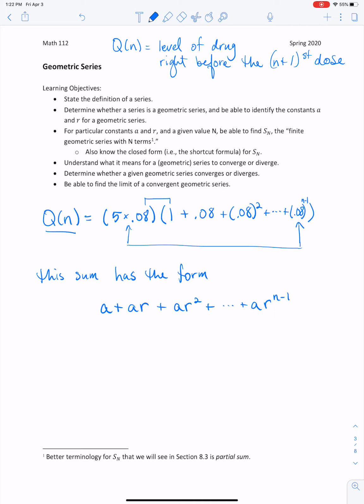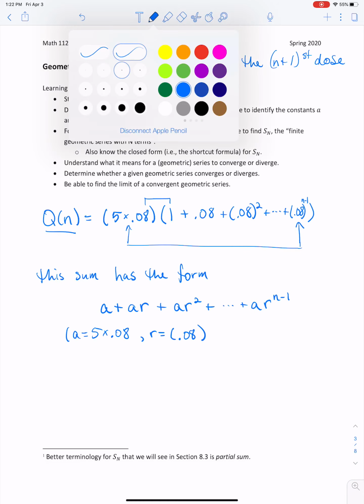So in our case, we have A equals 5 times 0.08, and R is equal to 0.08 for this particular example. So what we'd like to be able to do is to think about terms like this and develop some formulas for summing them up more easily. So that's the first thing we'll do here.